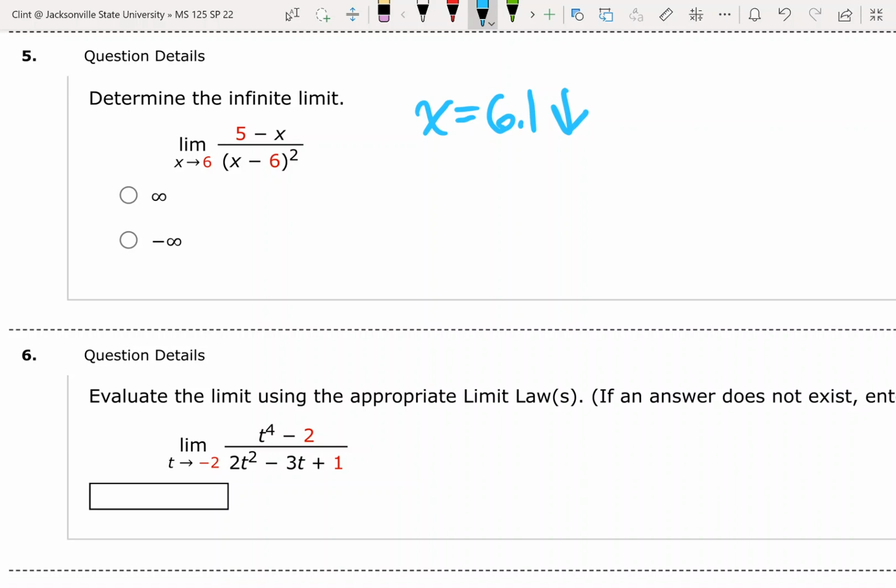It might not be multiple choice. So if we're coming in at like 5.9, then on the top, it'll be negative again. On the bottom, we'll have some small number squared, so it's going to be positive, so it's going down again. So they do match. They're both going down, so this one.